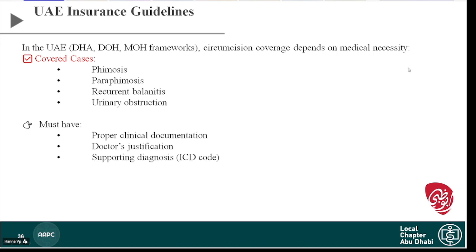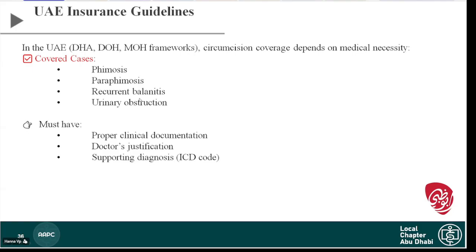What does medical necessity mean, guys? There should be a proper diagnosis. Only then will it be covered under insurance. Medical necessity is very important. Some covered cases are given here: phimosis, paraphimosis, then recurrent balanitis, urinary obstruction.